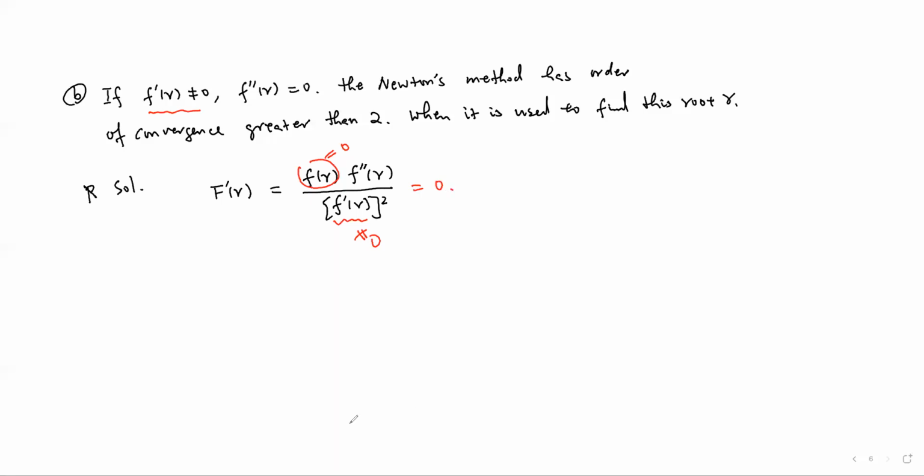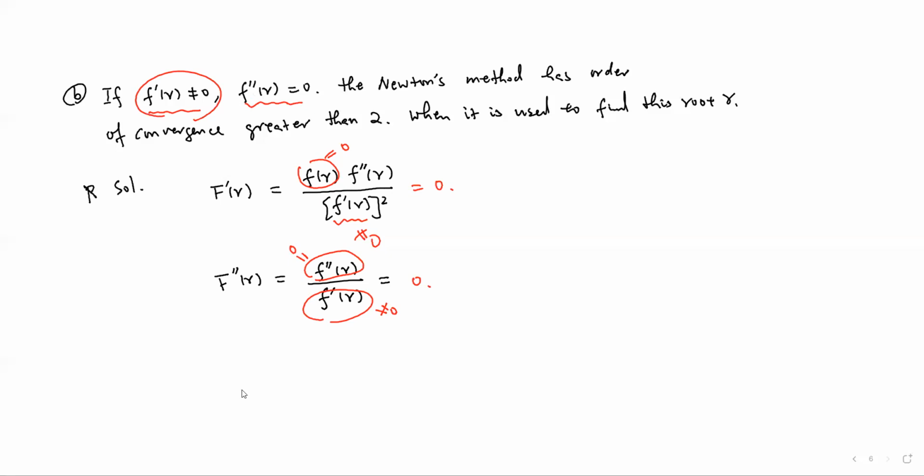Now the second derivative at R, which we computed in part A, is f second derivative at R over f first derivative at R. Now, the second derivative here is assumed to be 0, and the denominator is assumed to be non-zero. So it is 0.